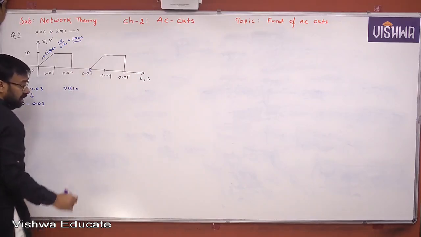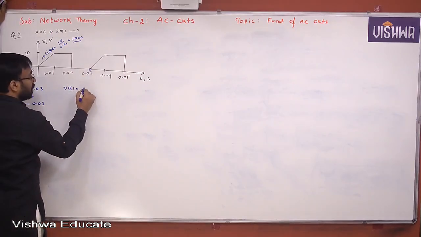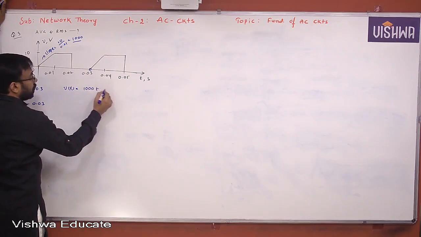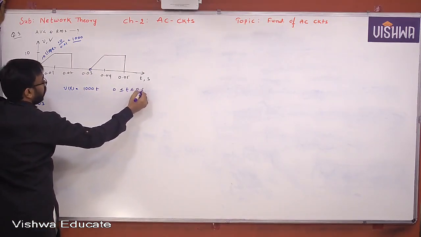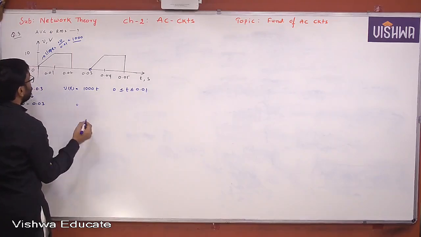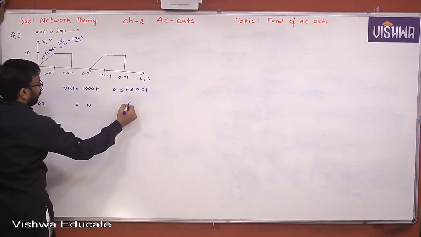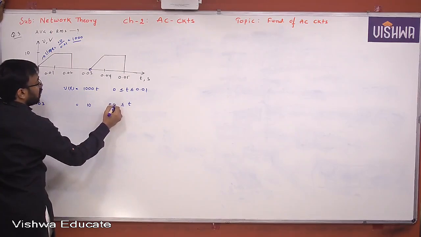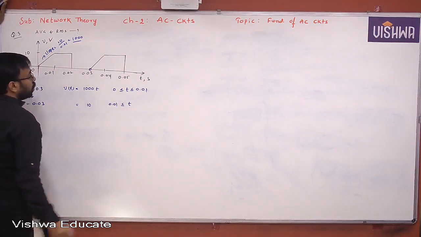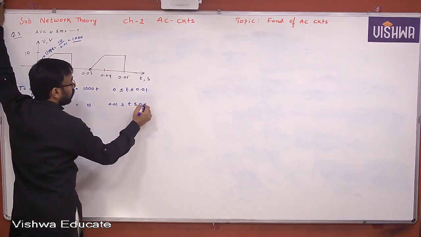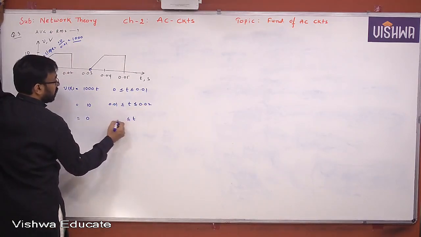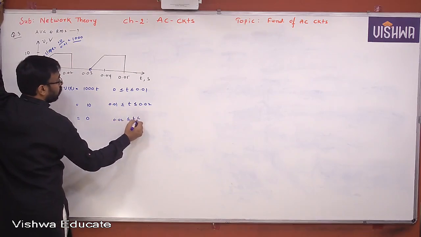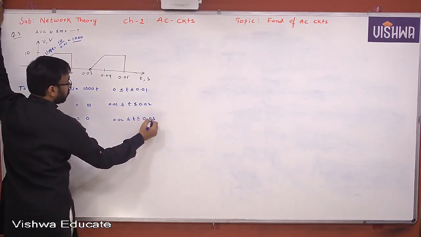So V of t is equal to 1000 t for t between 0 to 0.01. It's constant, 10, from 0.01 to 0.02. 0 for t between 0.02 to 0.03.